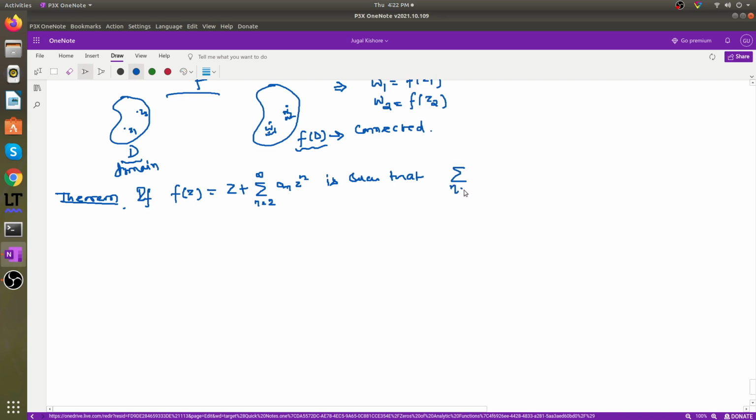such that the summation from n equals 2 to infinity of n times |a_n| is less than or equal to 1, then this function f, having this series representation, is univalent.